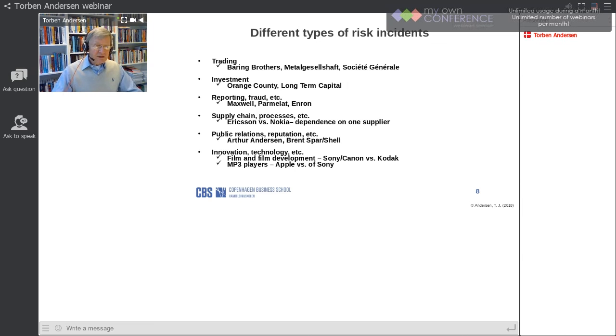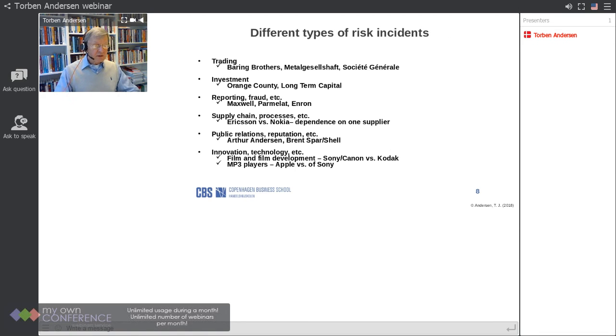Societe Generale is a more recent story that resembles Baring Brothers, where an individual dealer took excessive positions. We can look into investment types of exposures. Orange County, the wealthy municipality south of Los Angeles, invested in instruments where the return was geared to differentials between short and long-term interest rates. When those moved in their disfavor, they lost a lot of money that brought the municipality into receivership.